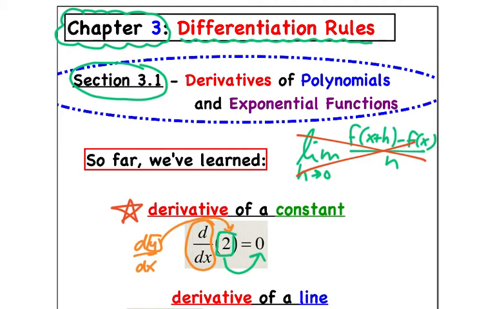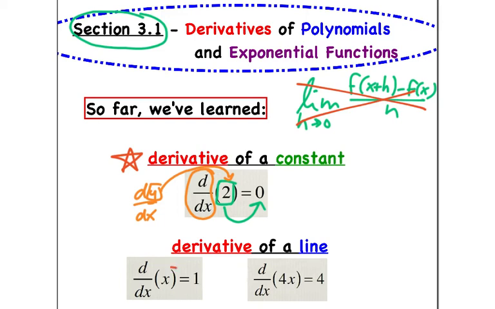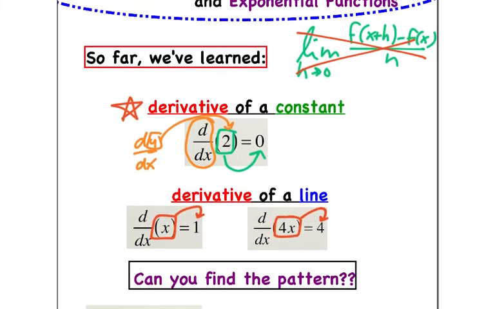So the derivative of 2, the derivative of just any number, is always 0. Okay, how about the derivative of just a line? What's the derivative of x? We learned that derivative of just x would be just 1. And basically we noticed that as I took derivatives of polynomials, basically the derivative went down by 1 degree. So quadratic became linear, linear becomes a constant, and constant just goes down to 0.